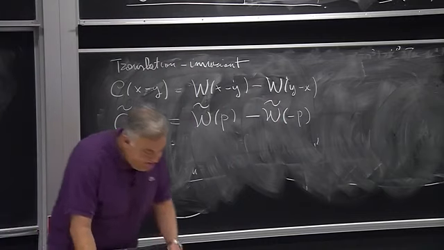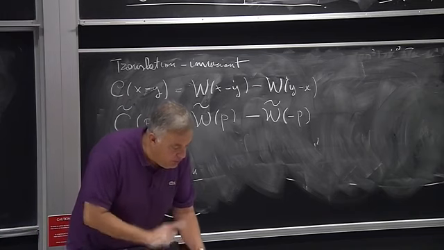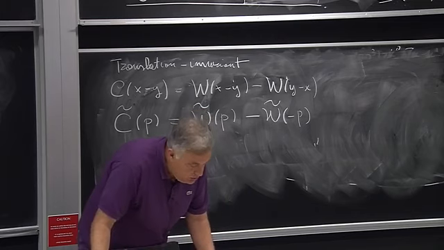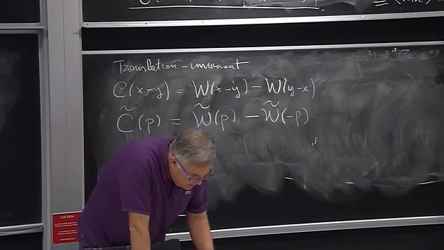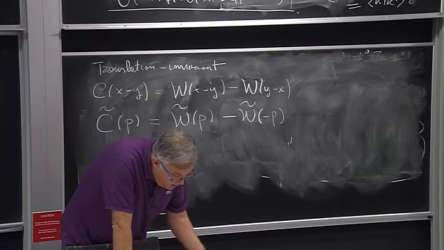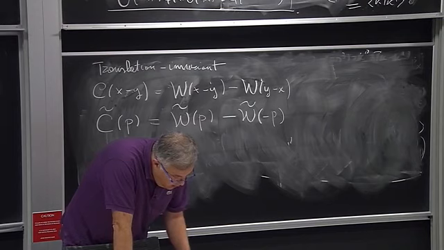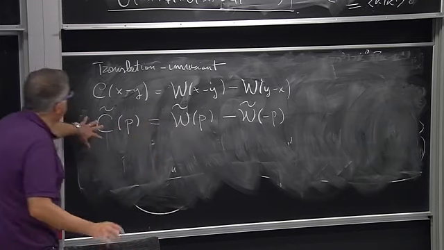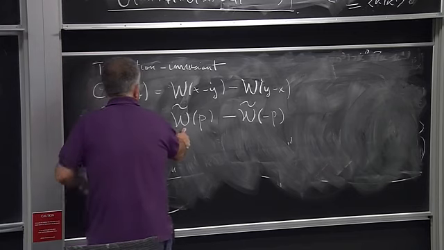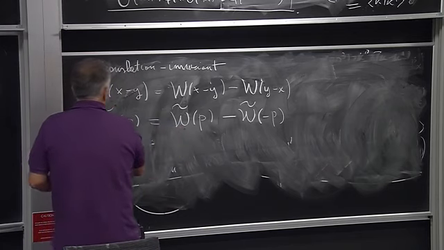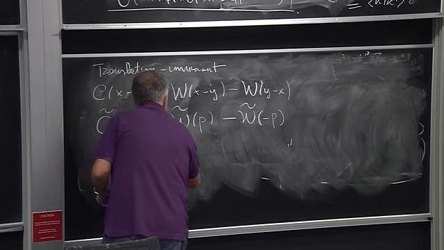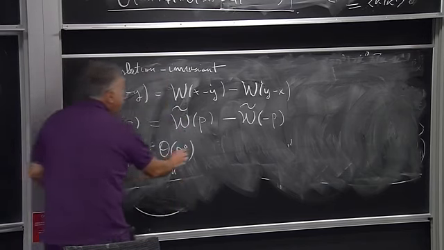Okay. We are doing something which is very important. I'm constructing the KMS representation now. I try to do it in the simplest possible way. So the solution in the previous case, you see, was the simplest one. W of p was just theta of p0, the Heaviside function, times the commutator.